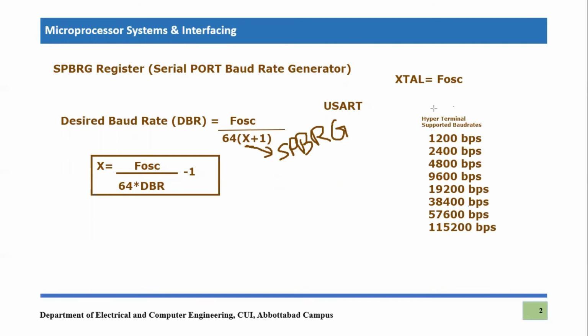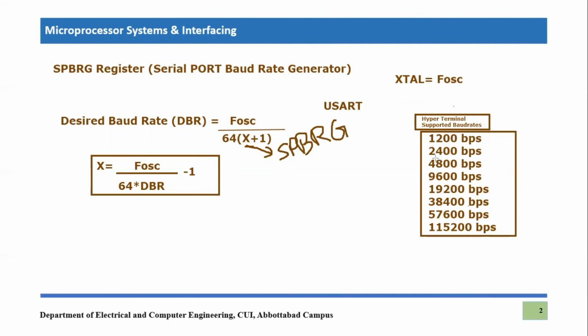HyperTerminal supports some specific baud rates, which are given in this chart. If the PIC18F wants to communicate with the IBM PC, it needs to choose one of these information rates.